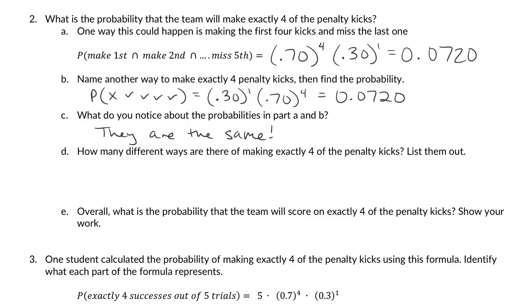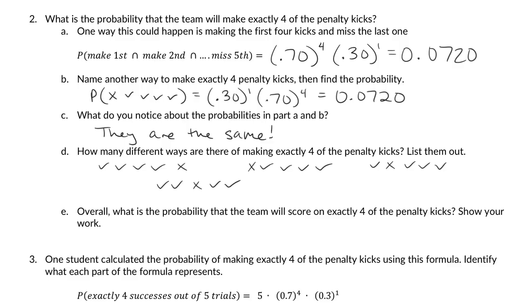Here's what you've already told me. We had the one where we made it, and missed. And then we had the one where we missed it and then made it 4 times in a row. What's another option here? Make, miss, and then make the rest. What else? So you missed the middle one.